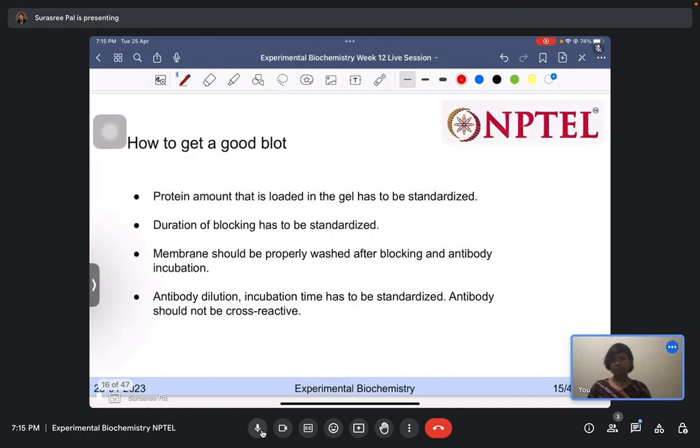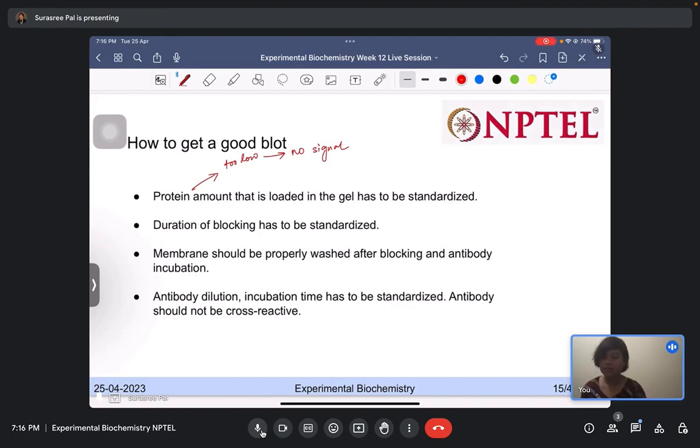So the few points that we have to take care of or remember while doing a Western blot experiment is that the protein sample that is loaded in the gel has to be standardized. If the protein amount is too low, then we will get no signal, because it is too low to be detected by an antibody.